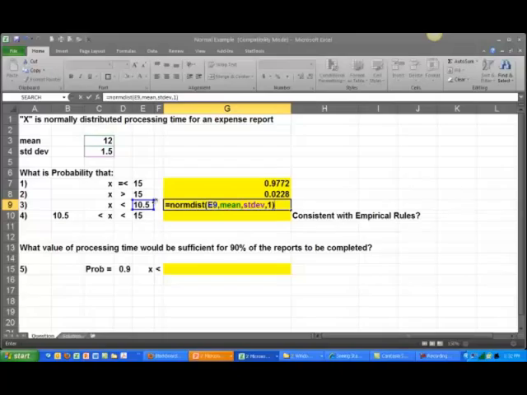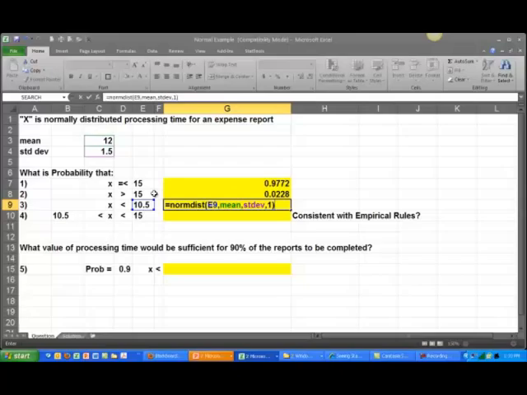Now, if this were a binomial distribution, we might be thinking of stepping down by a whole unit to 9.5 or whatever the discrete element is as the step from one value to the next. Maybe it's to 10 or to 9.5 or something of that sort. In the continuous case, though, for a continuous distribution, what's the next smallest value just below 10.5?